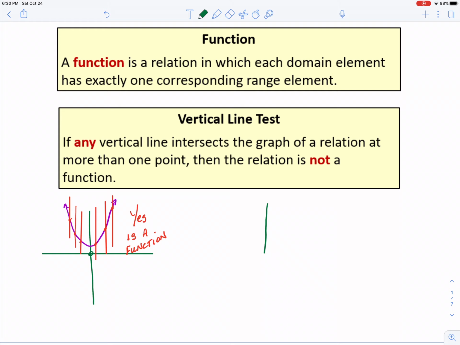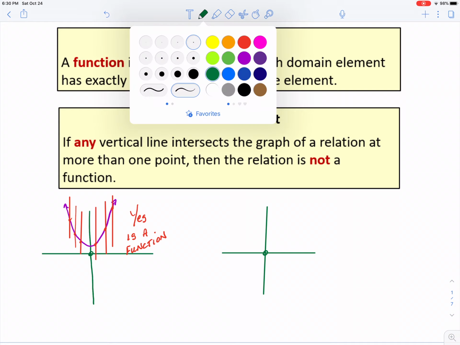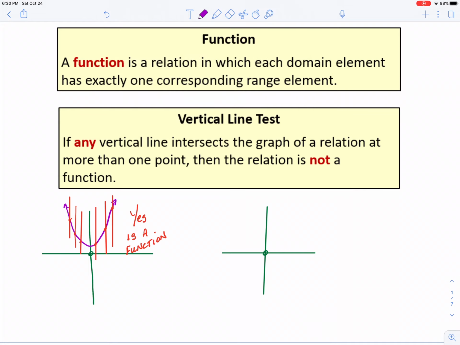So let's take a look at something that does not pass the vertical line test and is not a function. Let me change the color again. Let's do the purple, and let's do something that does some sort of shape like that.